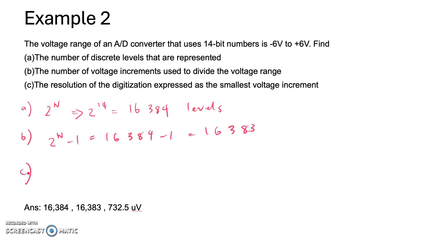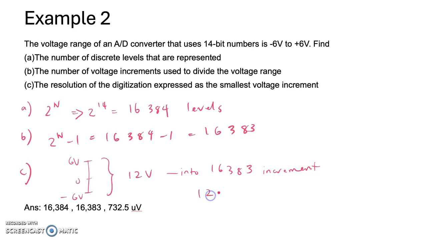So C: the resolution of the digitization expressed as the smallest voltage increment. We have from 6 volt to minus 6 volt, so the range is 12 volt. It's asking if we digitize this range into 16,383 increments, what is the value for each increment?